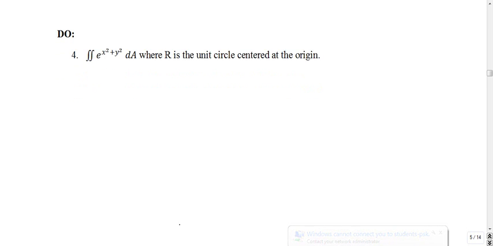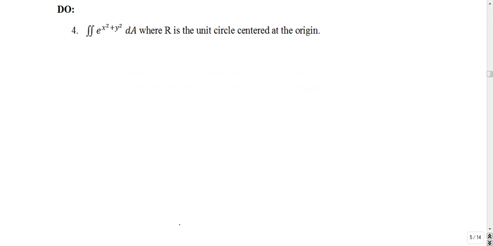Why don't you do that one? Write r underneath this thing again for me, please. Okay, let's go over it. What are your limits for r? Tell me. And the limit for theta? Okay.